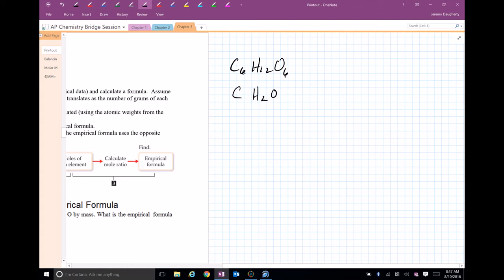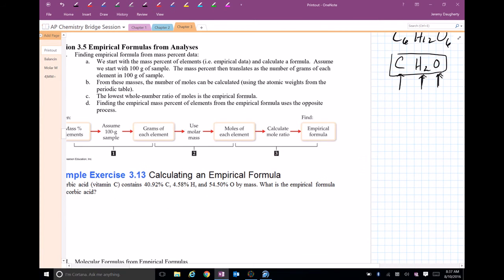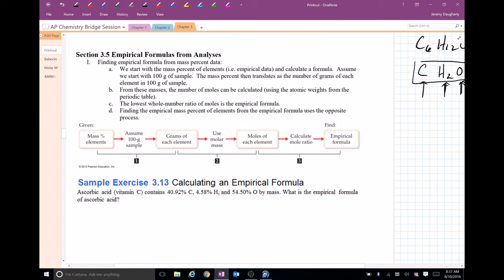Now, remember what this is telling us. This empirical formula is telling us that for every one of these compounds, I get 1 mole of carbon per 2 moles of hydrogen per 1 mole of oxygen. So a chemical formula shows me the ratio of moles, right? We're comparing 1 mole to the other mole to get that ratio.